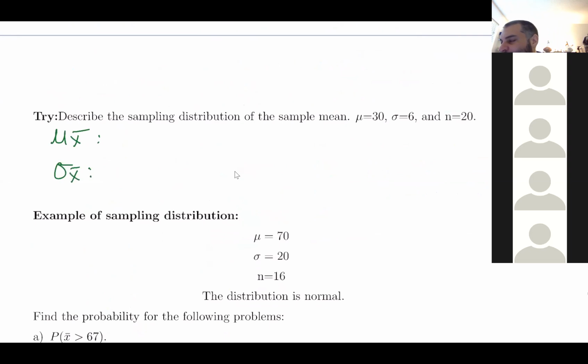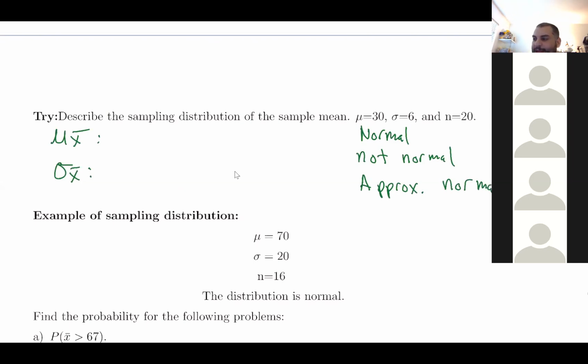And I want you to tell me if this is normal, not normal, or approximately normal. Cool. All right, so take a couple of minutes and try to do that. If you have any question, you could private chat me so that I can help you out. Or if you want, you can put it in the chat where everybody can see it. Try doing this problem right now.